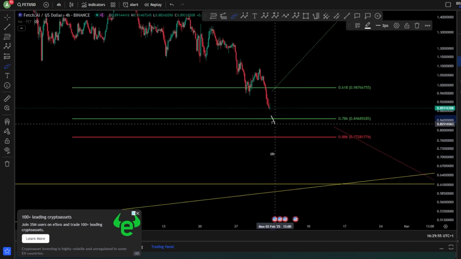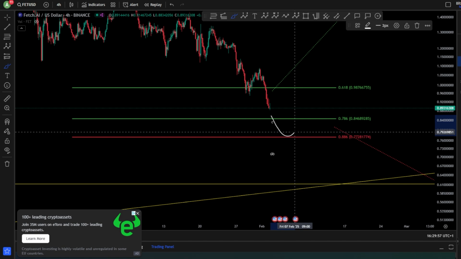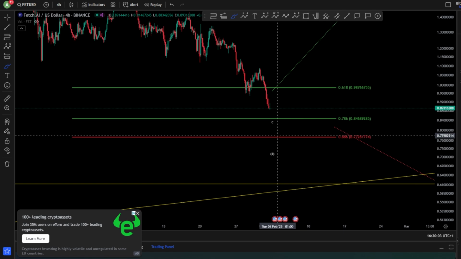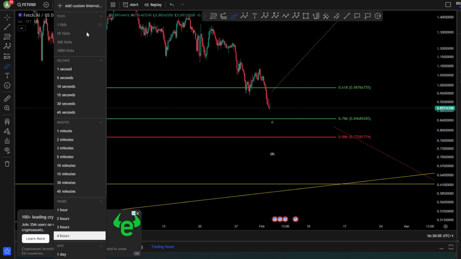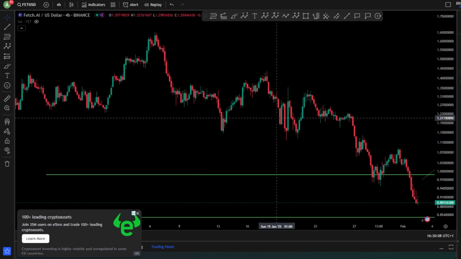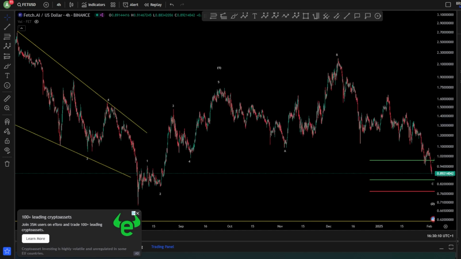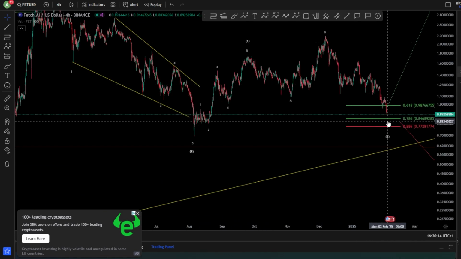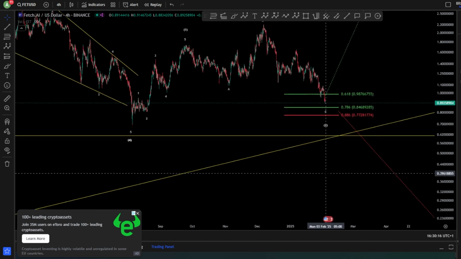Well, getting out of it is fine, but not touching the 886. Getting out of it is a danger zone. Getting into the 886 meaning invalidation of the impulse scenario for a 1-2. So we cannot consider anymore a 1 ABC for a wave 2 in case we hit the 886.